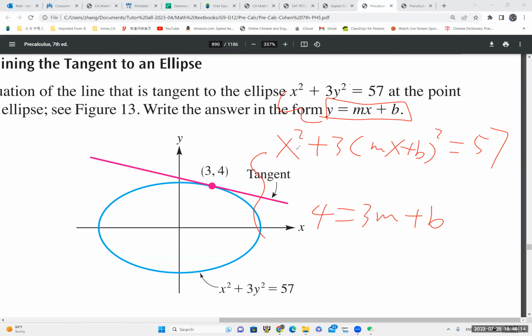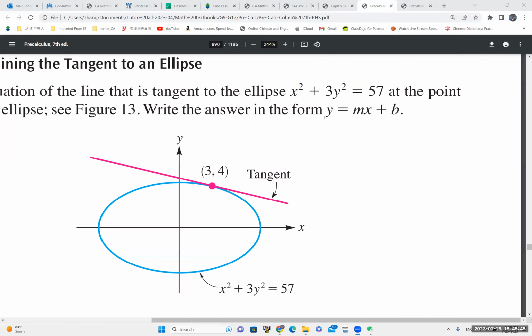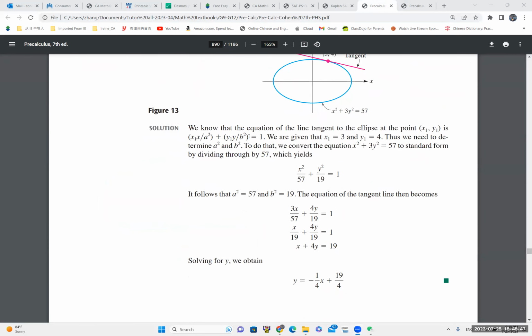Then of course, when x equal to 3, it's just like this. Okay, then suppose we have to use this formula, right?